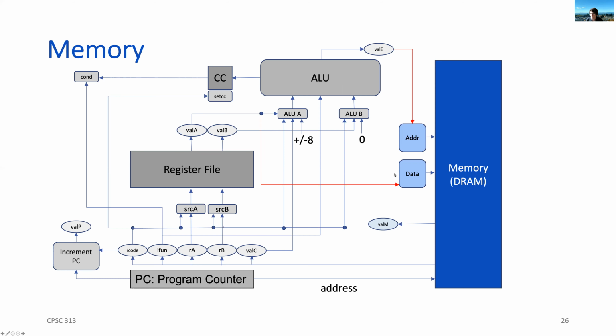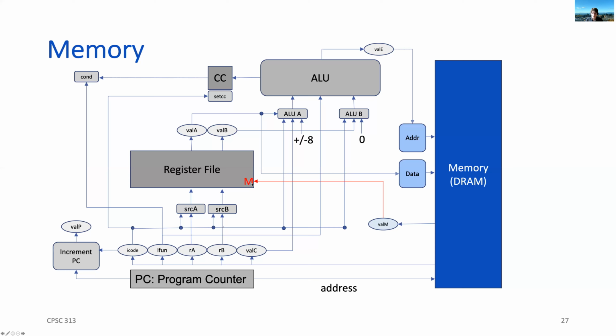Let's think about the inverse operation where we are taking a value from memory and moving it into a register. Again, we're going to use val-e for the address, but now we've done a read in memory, and we're going to call the output of that read val-m. And what happens to val-m is that ultimately it's got to get written back to the register file.